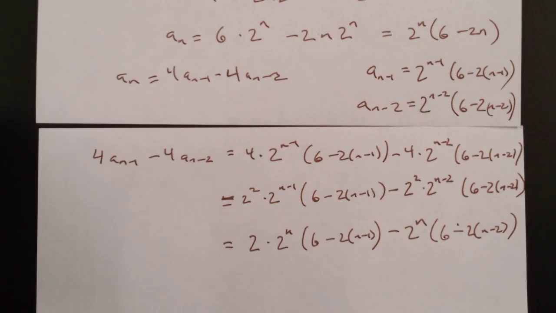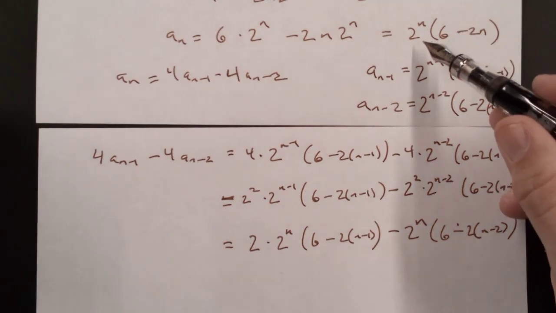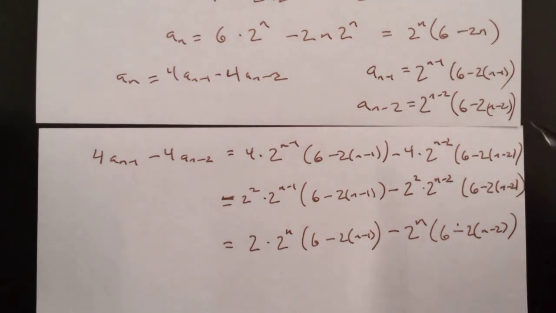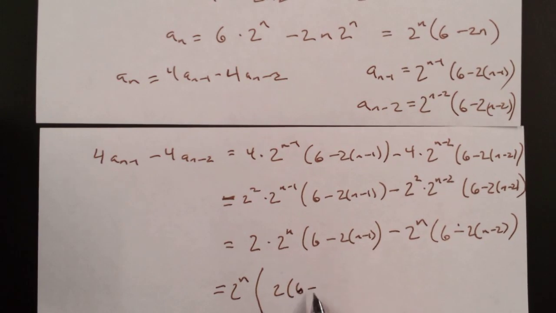Why am I doing something like that? Because now I can factor the 2 to the n out, because up here that 2 to the n is factored out. So let's factor it out. And now look at everything else we've got: 2 times 6 minus the quantity 2(n minus 1), minus 6 minus 2(n minus 2).